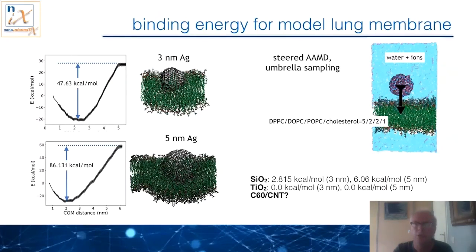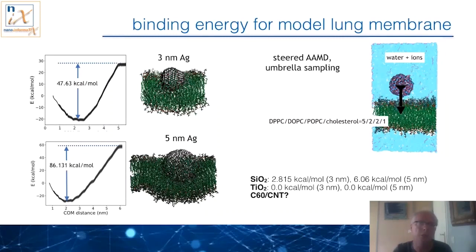And we used steered all atom molecular dynamics to calculate the binding energy between a nanoparticle and a membrane. And that is depicted on the right. So you set up a system and you slowly pull the particle towards the membrane, and you basically measure the thermodynamic force exerted on that nanoparticle. And if you do that right and use Bayesian sampling, you can calculate the binding energy.